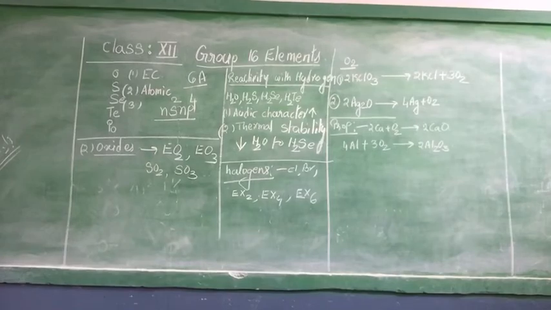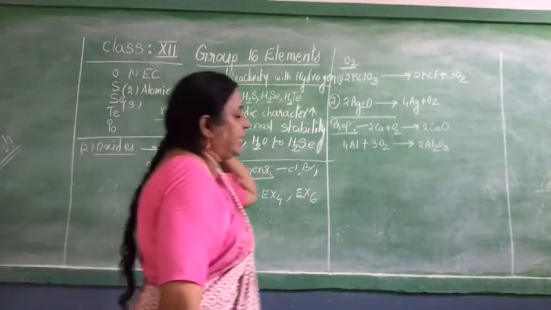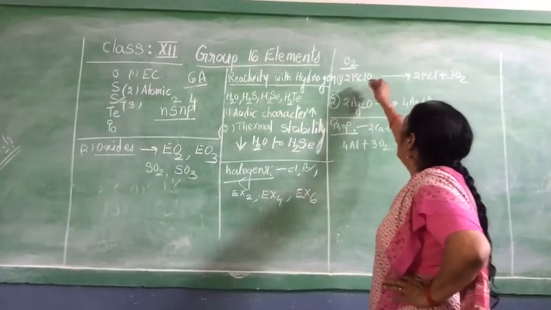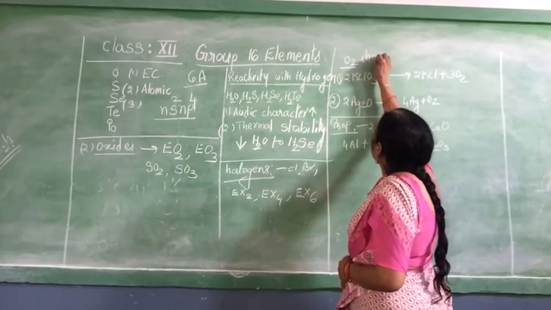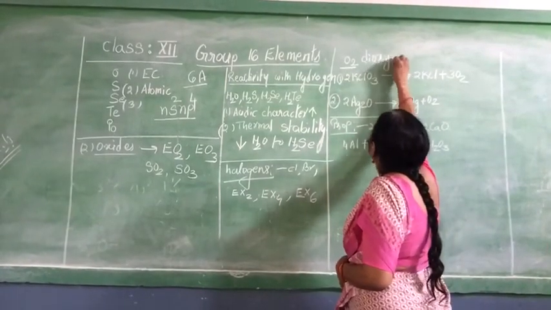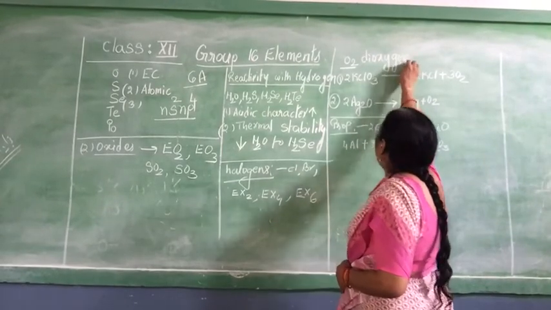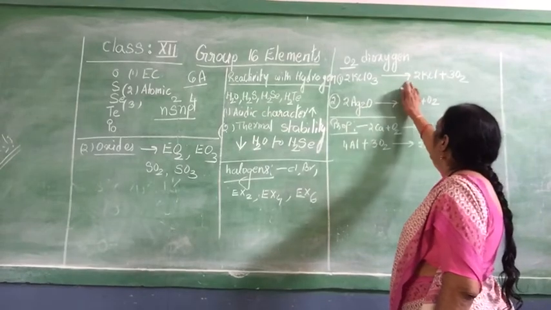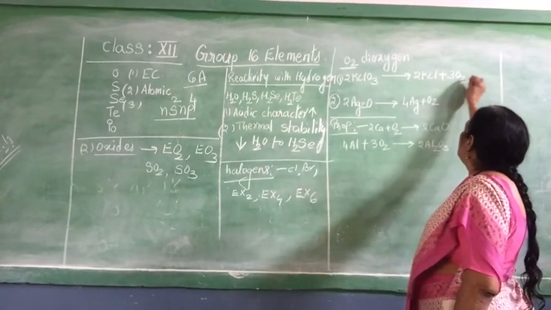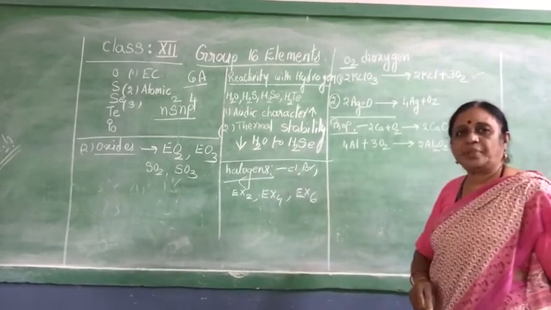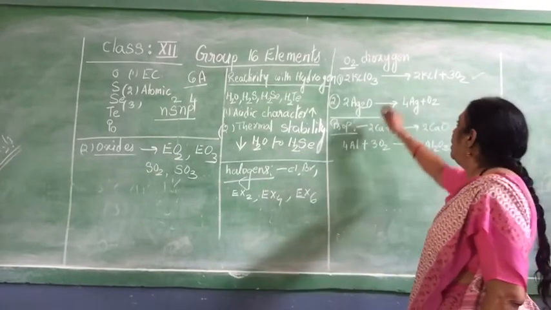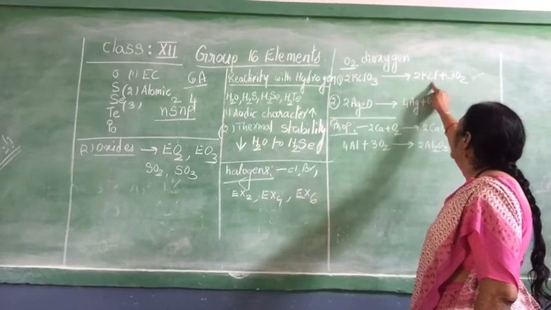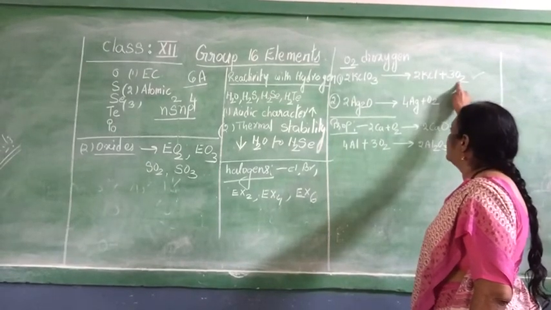Now let us start with the compound, dioxygen. How will you prepare oxygen? Potassium chlorate on decomposition splits into 2 moles of KCl and 3 moles of O2.